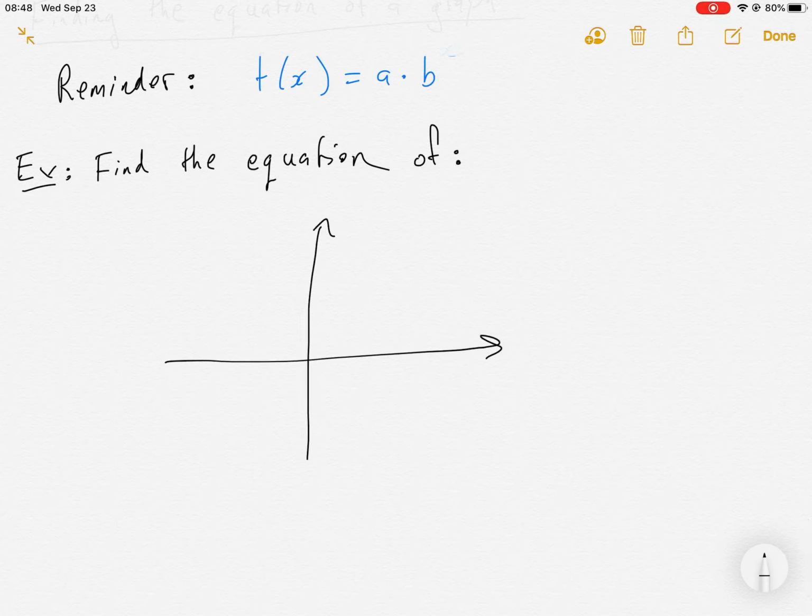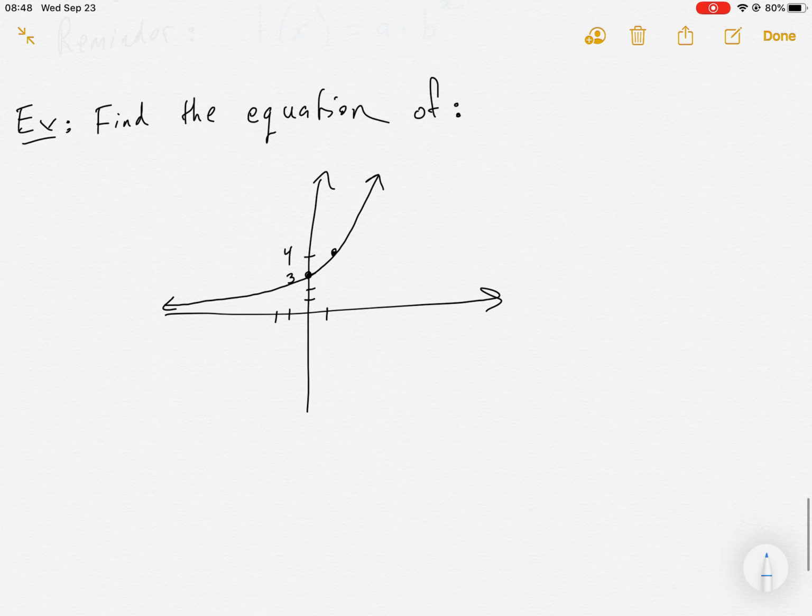Let's say I have the point 0, 3, and then also the point 1, 4. And so here's my graph. You're given these 2 points, and you have to figure out a and b. In this case, a might be relatively straightforward to figure out because there is the y-intercept right there, so you know a has to be 3.